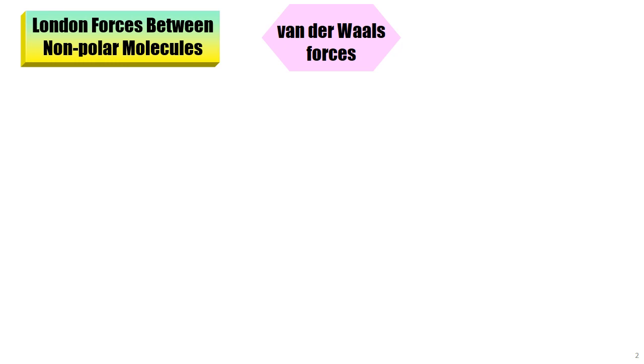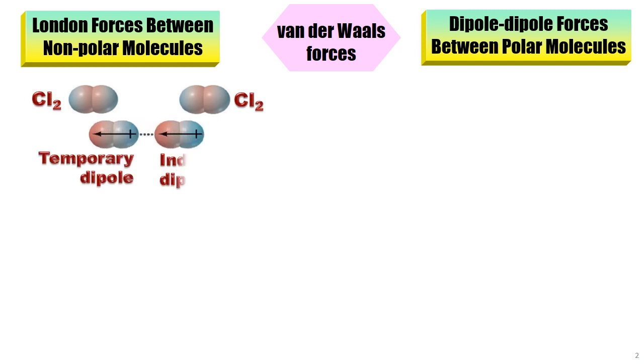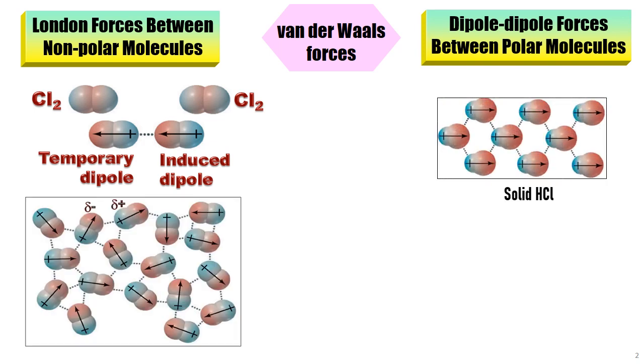In this slide, I am putting down the two types of van der Waals forces together, side by side: the London forces between non-polar molecules and the dipole-dipole forces between polar molecules. Each type comes with diagrams illustrating how the forces arise.